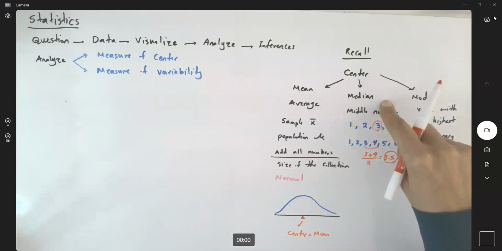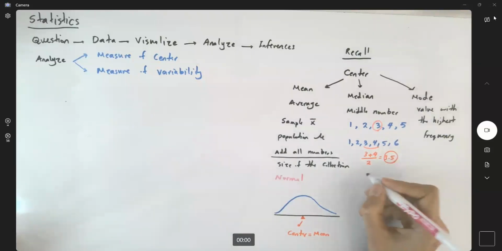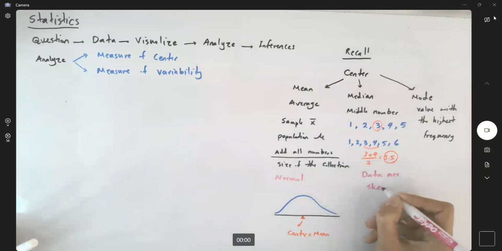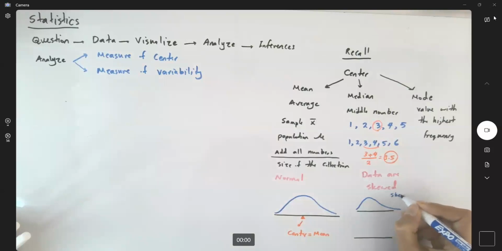When do we use median? When you have skewed data set. When data are skewed. What do I mean by that? It means that the data, they have tails, either on the left or on the right. So if your data has a tail on the right-hand side, you say that skewed to the right.